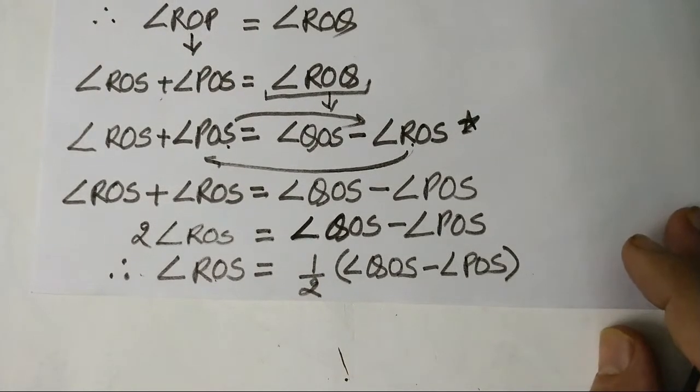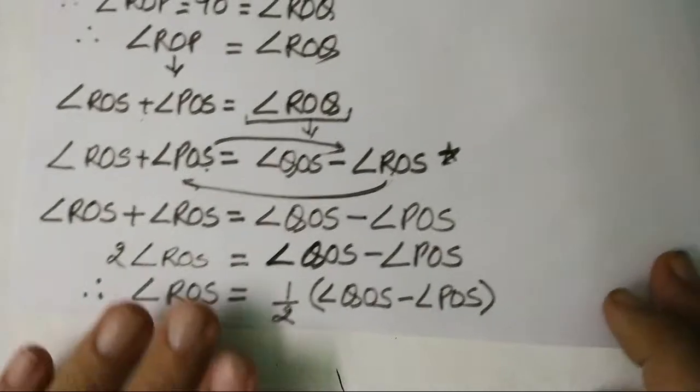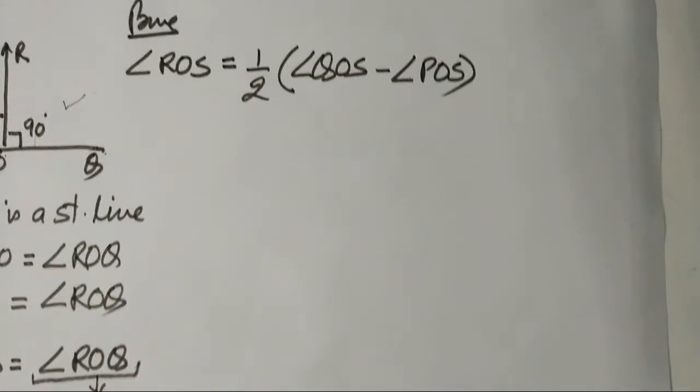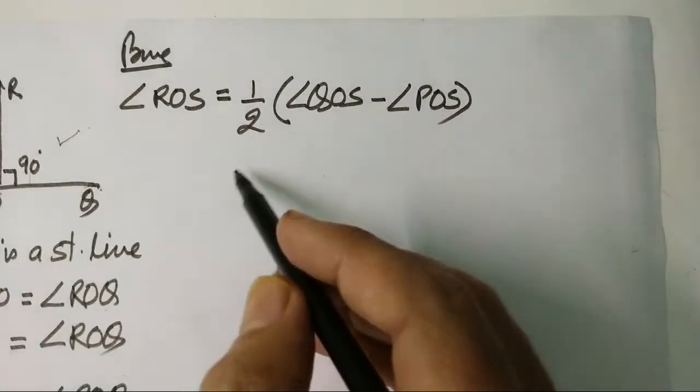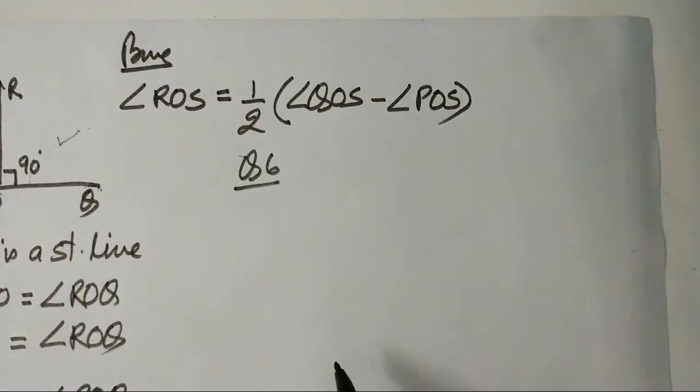So hope you have understood. Now let's quickly do the last question, which is a calculation based question. This is question number 6, and in this question a straight line is given. It is given that angle XYZ is 64 degrees.